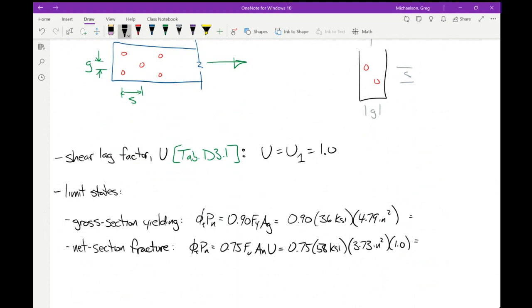And so yielding we got 155.2. And then 162.3.